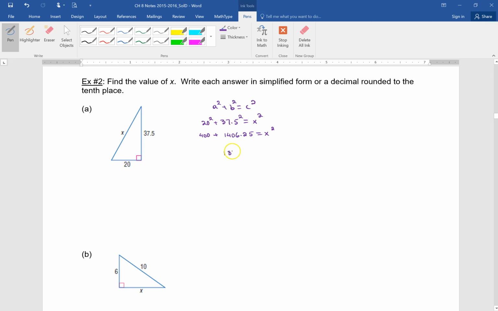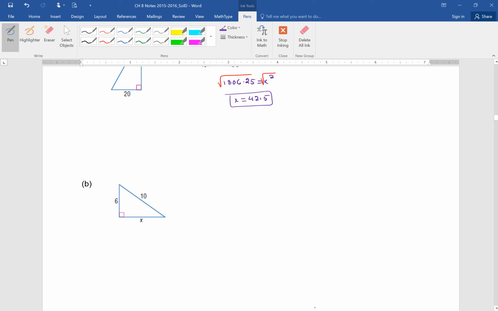So 1,806.25 is X squared. What do we do now? Take a square root of both sides. So X is equal to 42.5. Is it plus or minus? Just plus, right. Okay, so go ahead and do the next one and find X.